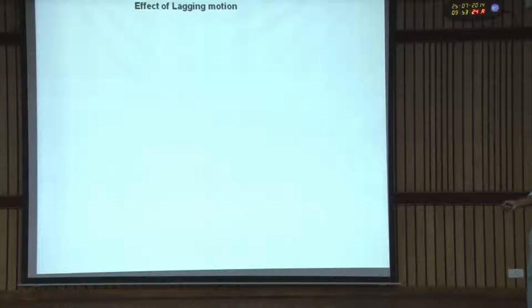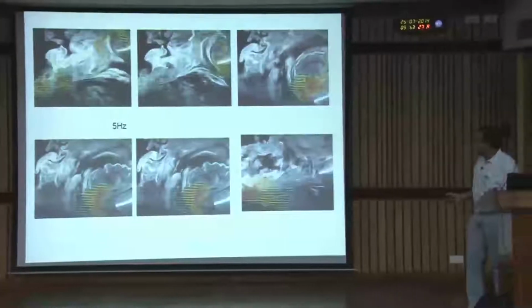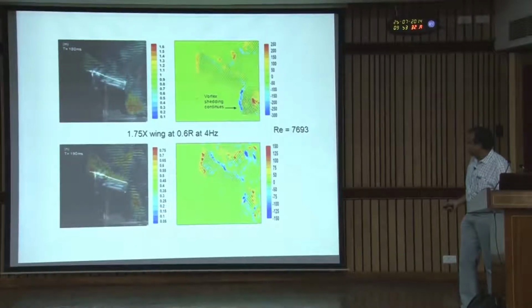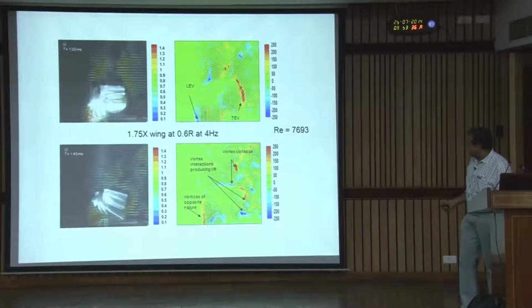If you see the flow field, it is not a very clean flow. You see a lot of vortices present in the flow field, and as I showed, they interact with the wing. While it is going down, they interact with the wing.